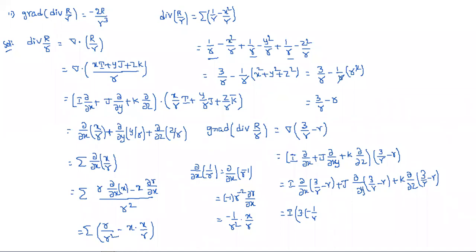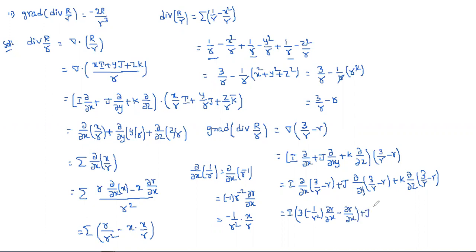See here, the derivative of 3 by r is nothing but minus 3 by r square into ∂r/∂x, minus the derivative of r, which is nothing but ∂r/∂x.